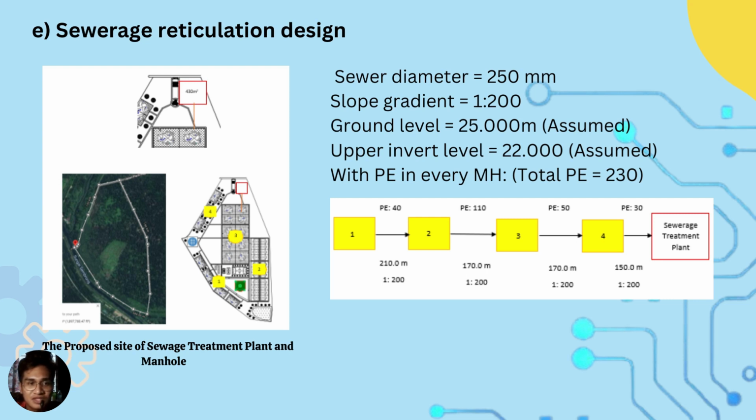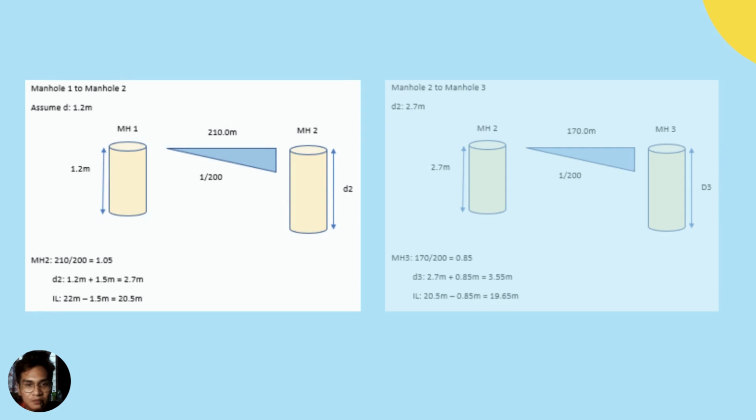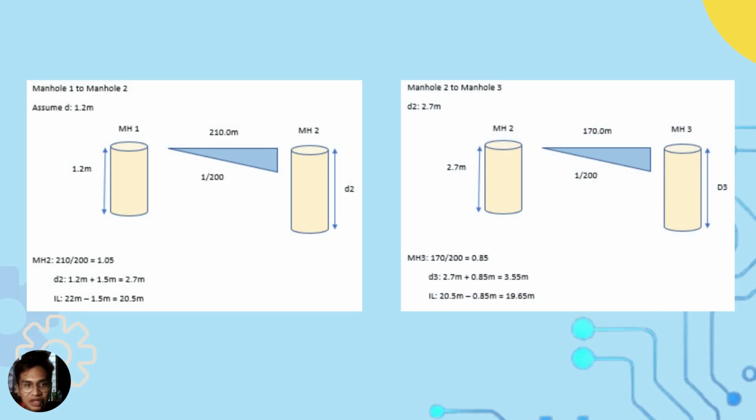Okay, next for the sewerage reticulation design, which is the sewer. We assume the sewer diameter is 250, slope gradient 1 per 2000, ground level 25 meter, upper invert level 22, and the PE in every manhole is 20. As we calculate, we got 230. Okay, this is the proposed design. We calculate manhole 1 to 2, and manhole 2 to 3.